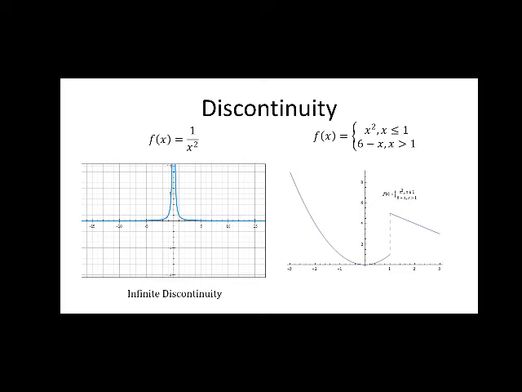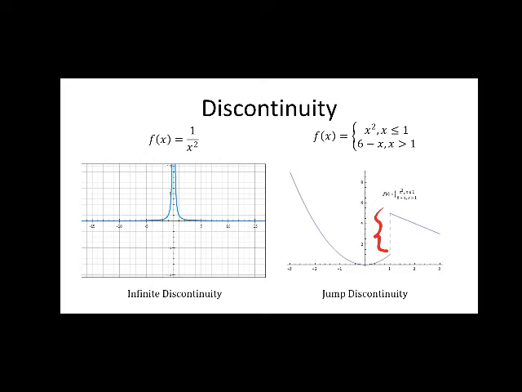And this one on the right hand side is called a jump discontinuity. What is the meaning of jump discontinuity? Jump discontinuity means that the graph of the function has a break in between. Which one is the break? This is my break, or this is also called the jump.